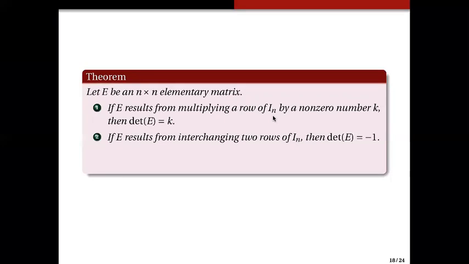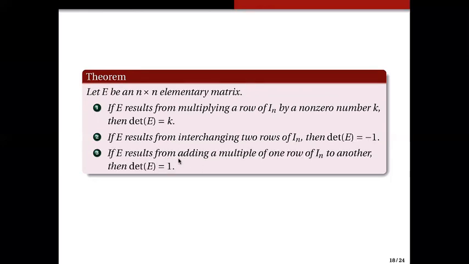If E results from interchanging two rows of In, then the determinant of E equals -1. Because you interchange two rows, you will put out a negative, but the determinant of In is 1, so you just have -1. If E results from adding a multiple of one row of In to another, then the determinant is the same as the determinant of In, which is equal to 1.